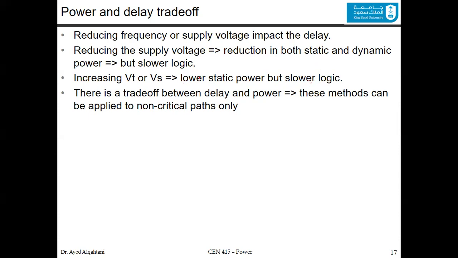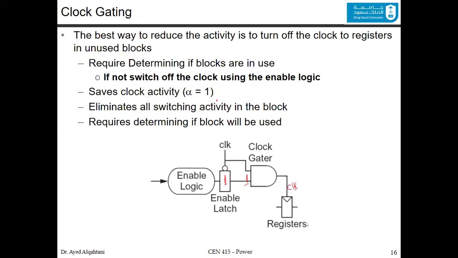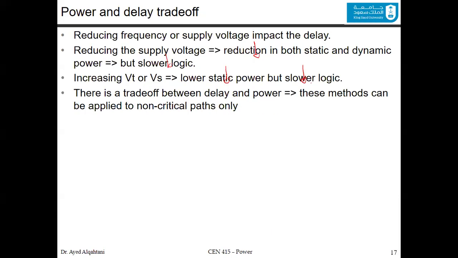So yes, you have reductions in power, but you always have a slower logic. There is a trade-off between delay and power, and these methods can be applied to non-critical paths only. For example, the clock gating that we explained here, you do it for the non-critical paths.